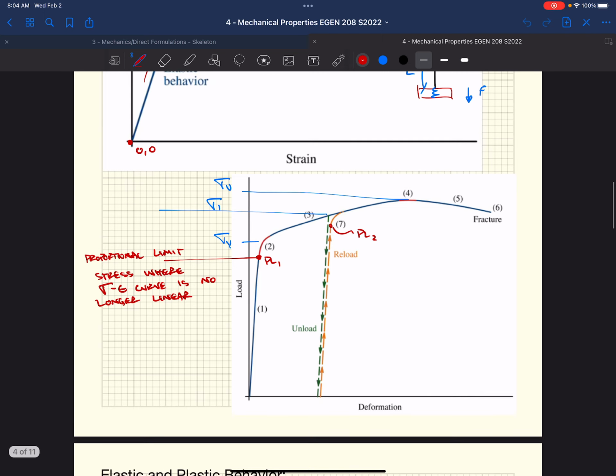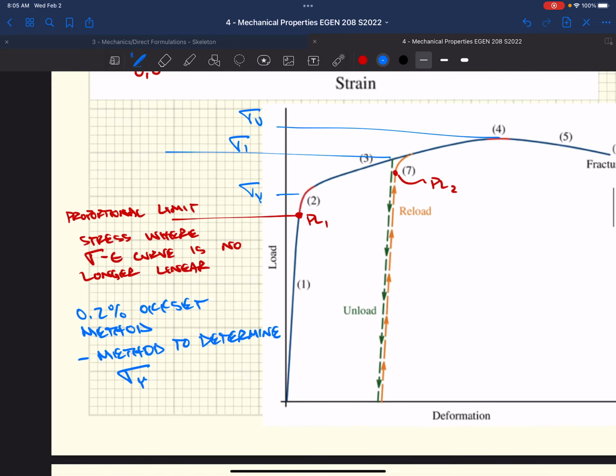That stress-strain offset, the 0.2% offset method, is a method to establish sigma y, or the yield of our material.